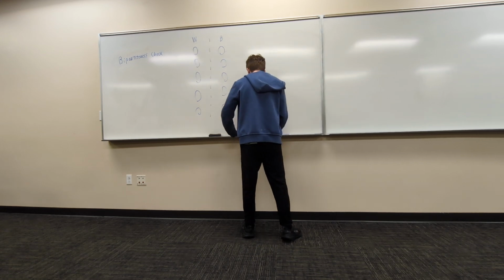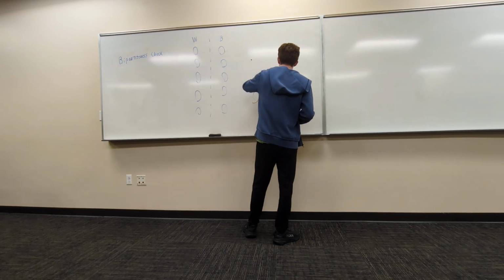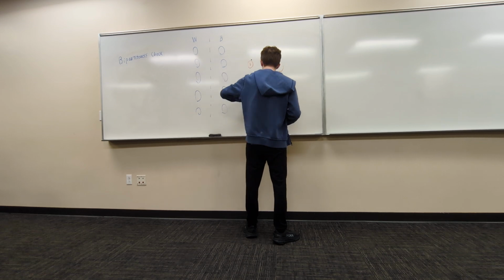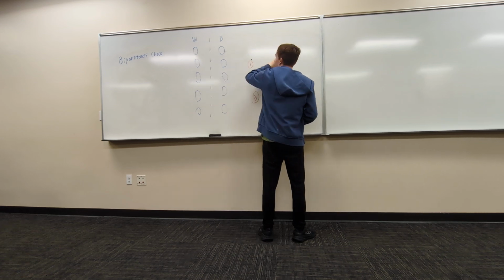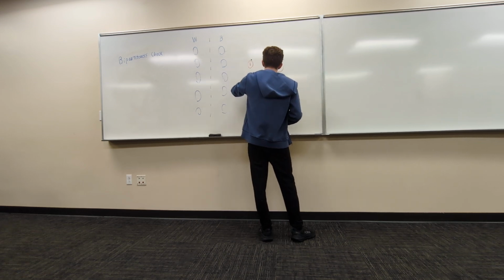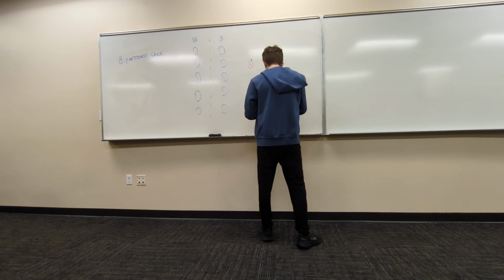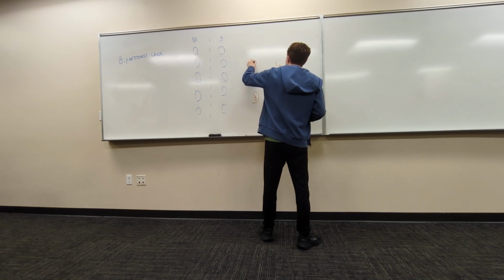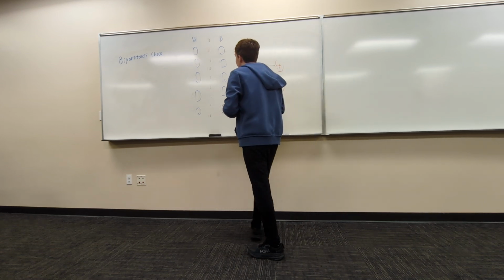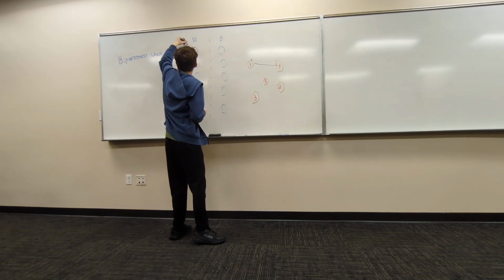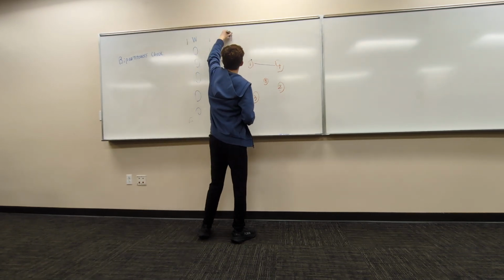And then when I have an underlying graph, 1, 2, 3, 4, how many nodes did I draw? 5. When I draw an edge between 1 and 4, we're going to say this is 1 to 5, and this is 1 to 5.